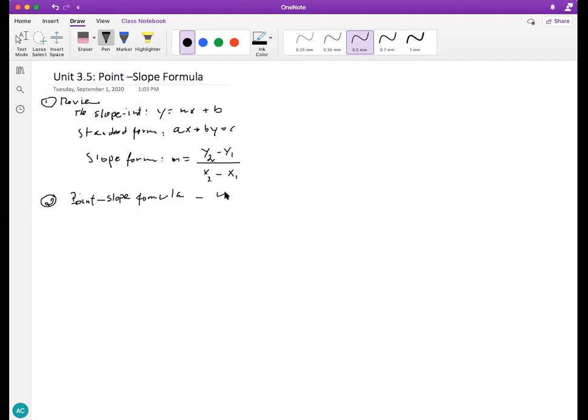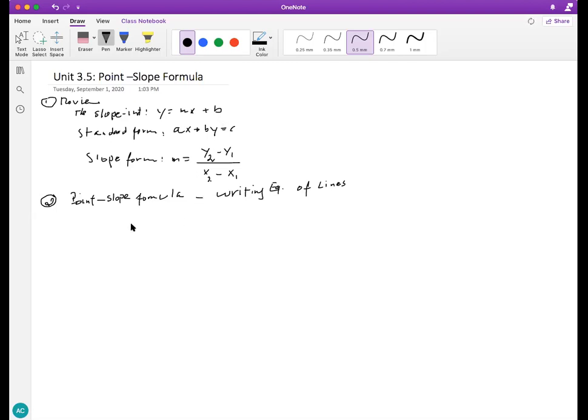So we're going to use that for writing equations of lines. Most of the time you'll be given the equation in one of these forms, but sometimes you'll have to write your own. We'll have to come up with our own equation.